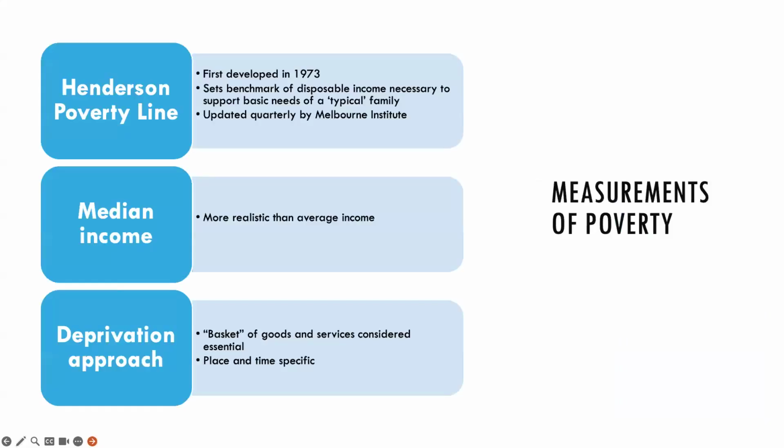In terms of how we measure poverty in the Australian context, at least, there are several measurements in place, which people use depending on what they really want to understand about poverty. Some of these fundamental concepts might be very useful when measuring poverty, and some of these are even established models of measuring poverty. One of them is the Henderson poverty lines model, which was developed in 1973 by Professor Ronald Henderson following a government inquiry.